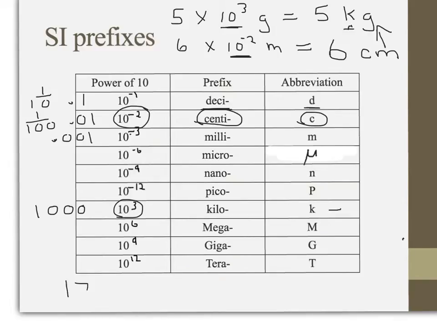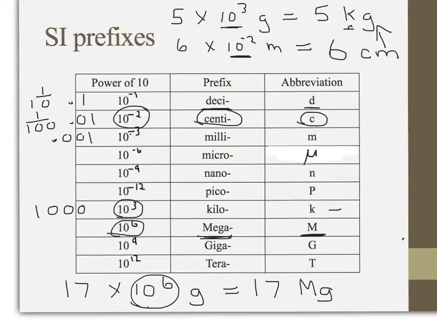Or if I had 17 times 10 to the 6 grams, I could replace 10 to the 6 with a prefix. So I look at my chart, and here's 10 to the 6, so that's a mega, which is represented by a capital M. So this could be rewritten as 17 megagrams. So you're essentially just replacing the power of 10 with a prefix that represents that power of 10.